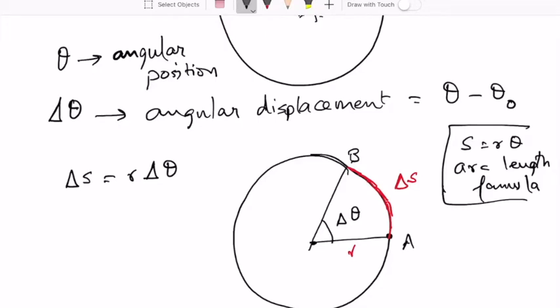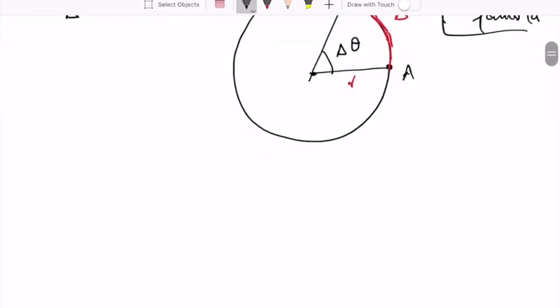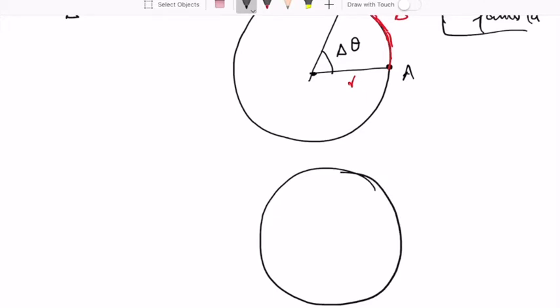Okay, now suppose the object moves through a very, very tiny angle. So I'll just draw a different one. Suppose this is our circular path and the object was initially over here at an angle theta, and then it changes its angle by a very, very tiny amount.